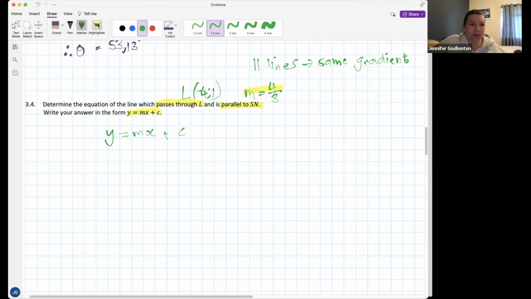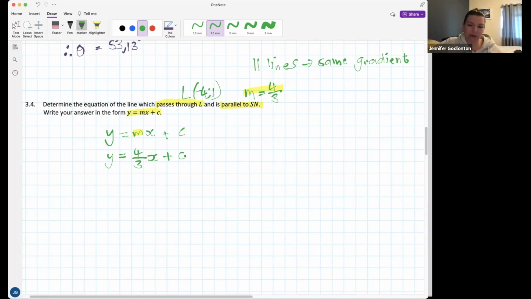So we're going to substitute our gradient in over here. So we're going to say, cool, y is equal to 4 over 3 x plus c. Great. Where do I go to from here? We've used one piece of information that they've given us. We haven't used the other piece of information yet.